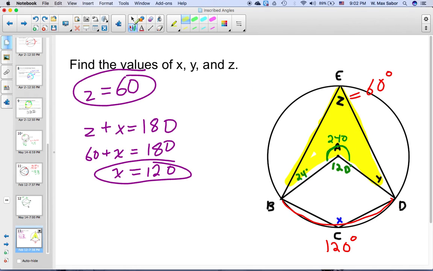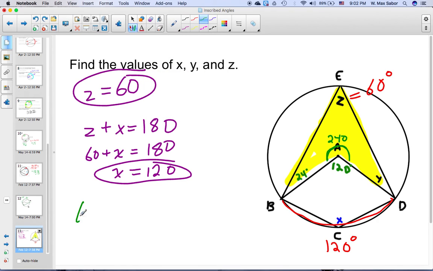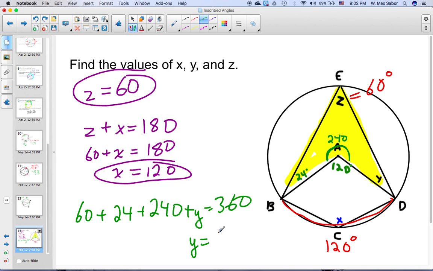So the four of those will add up to 360. So 60 plus 24 plus 240 plus y is 360. So when we solve that, we will get y equals, I believe, 36 degrees. All right, that's how we can apply inscribed angles.